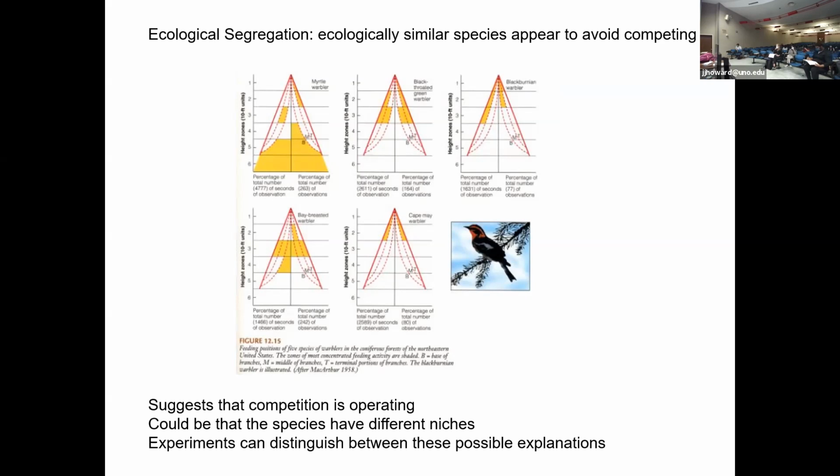And he finds some of each. The point is that we can do these kinds of experiments to determine what the source of ecological segregation is. It may or may not be competition. And so you need to be very clear. This pattern in nature suggests, but does not show competition. It is ecological segregation, but its origin is not known until you do an experiment.